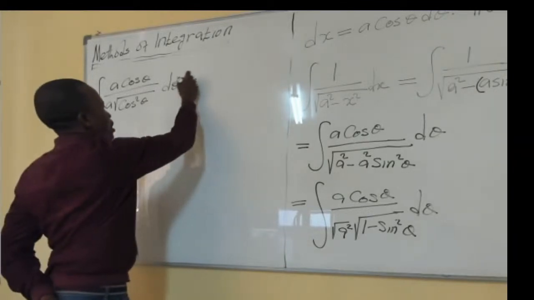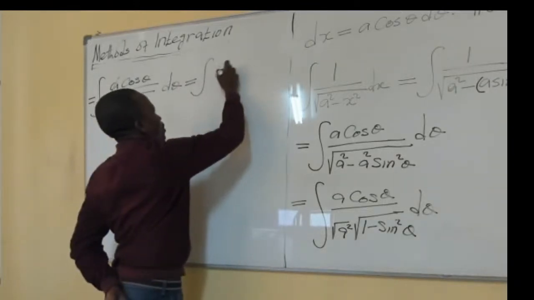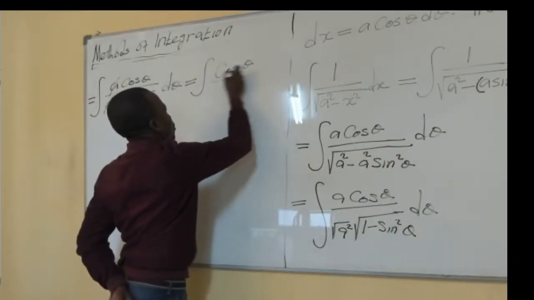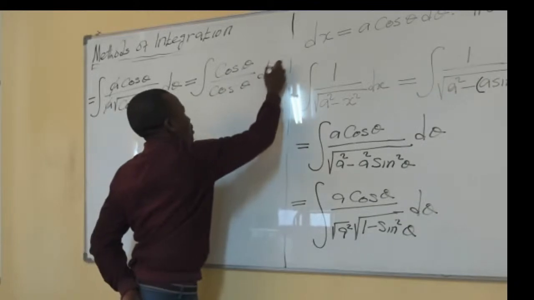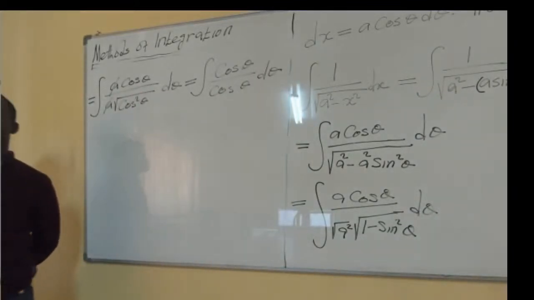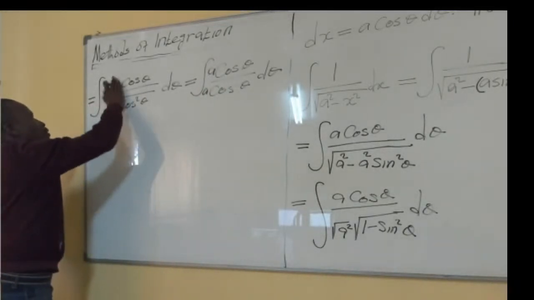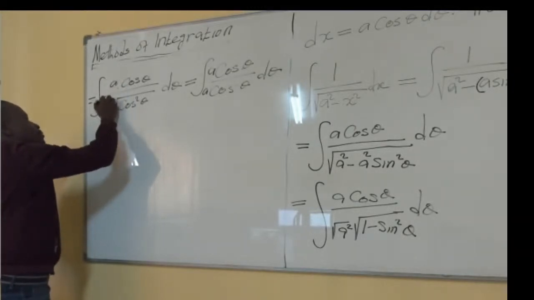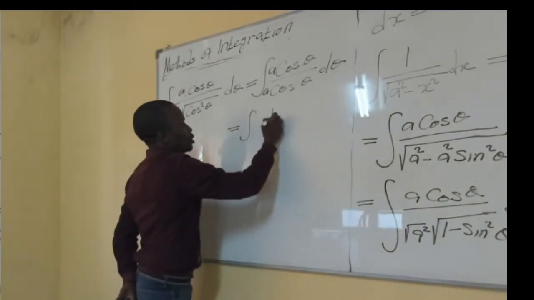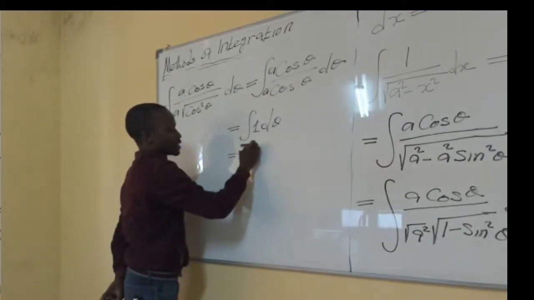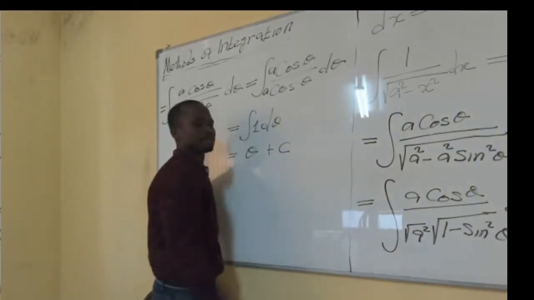Now a and a will cancel, so we have cos theta over cos theta d theta, which will give us the integral of d theta, which is theta plus C.